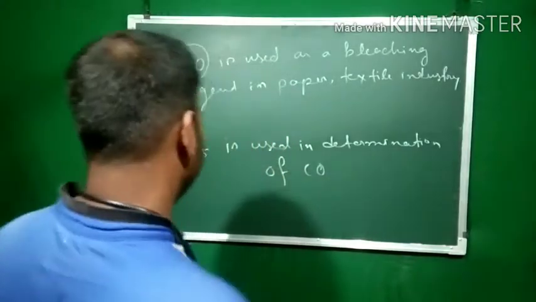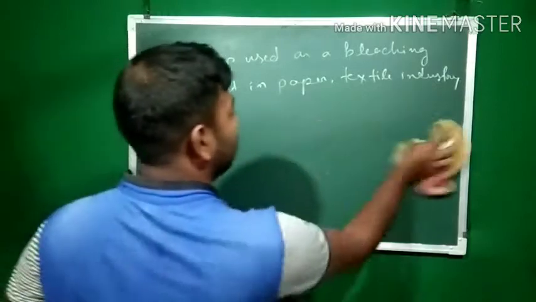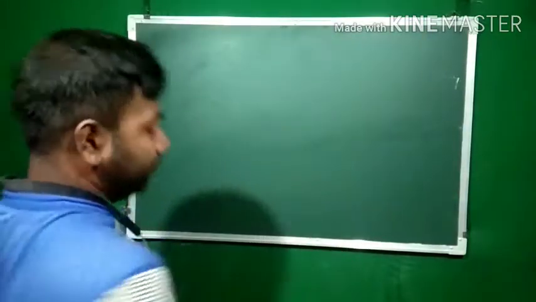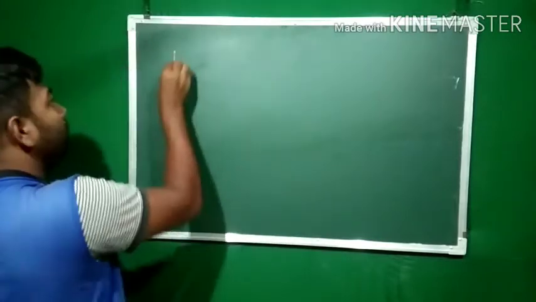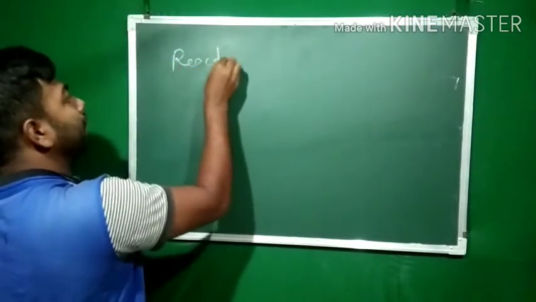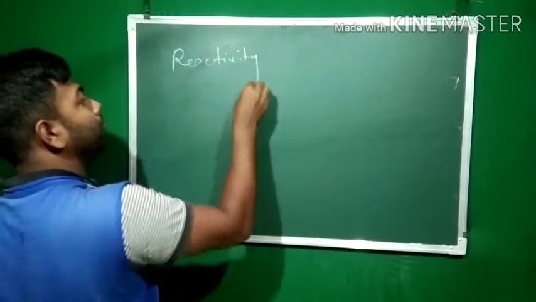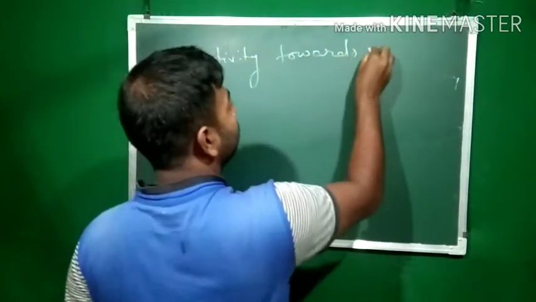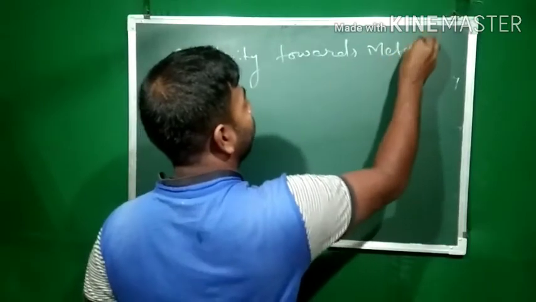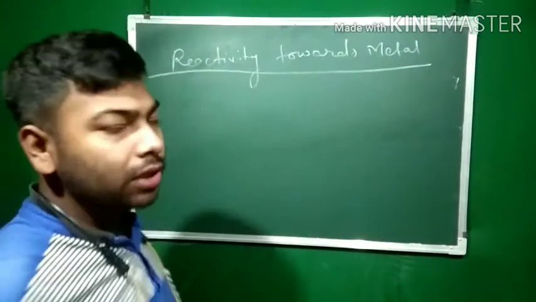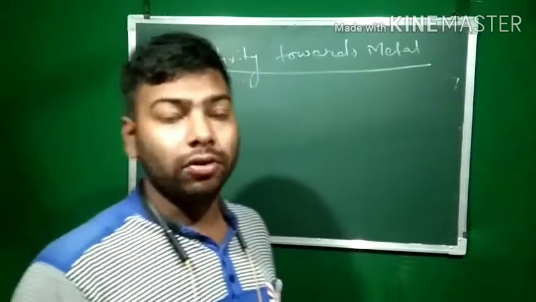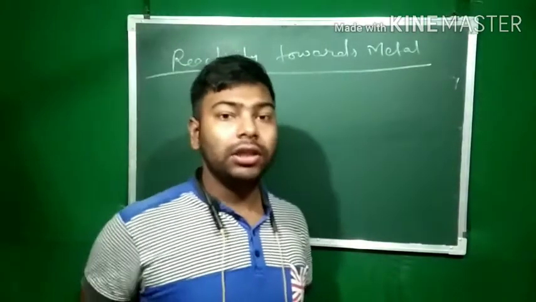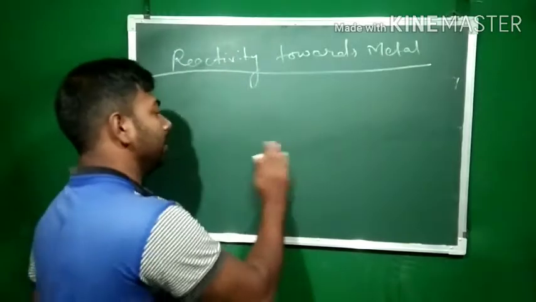Next, see how the halogens react with different types of metal: reactivity towards metals. That means how metals react with halogens. Metals react with halogens in many different ways.